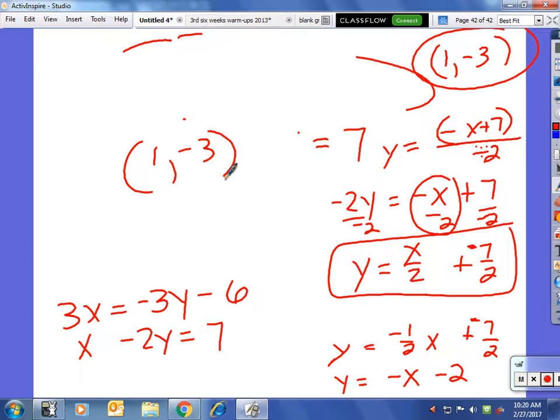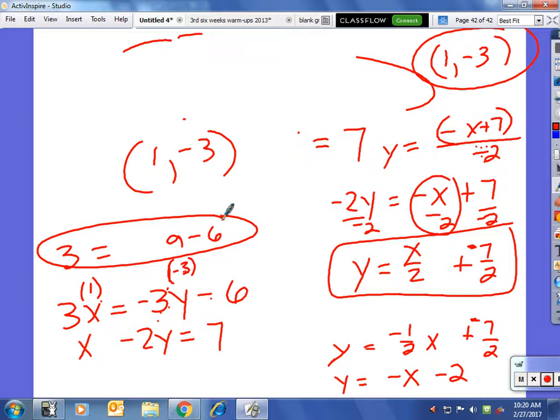Now it has to work on both. Let me put a 1 in for x and a negative 3 in for y. This would give me positive 3. This would give me positive 9 minus 6. Well, is that true? Does 3 equal 9 minus 6? 9 minus 6 is 3, isn't it? Alright, let me put it into this one.